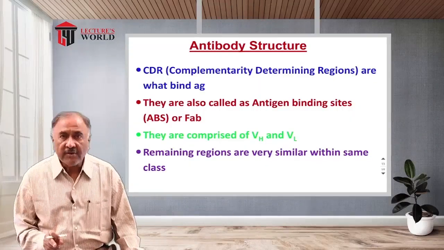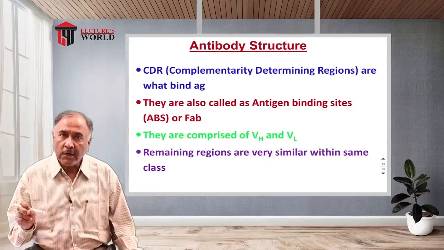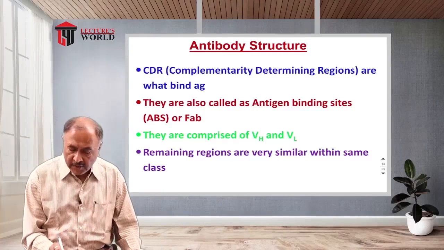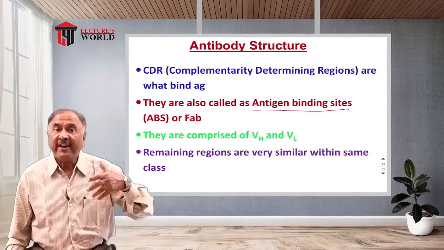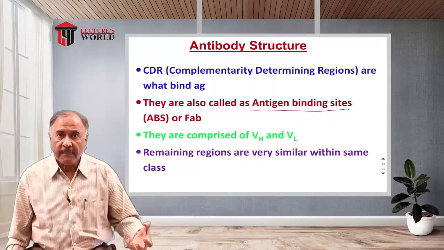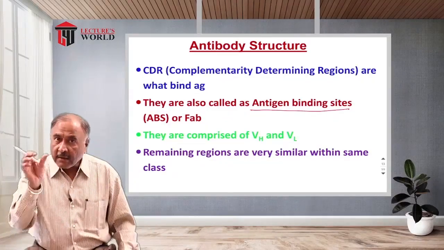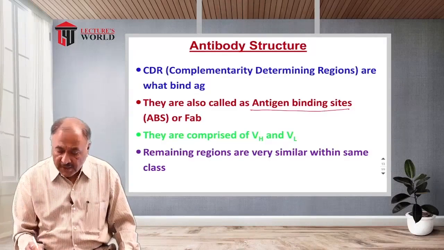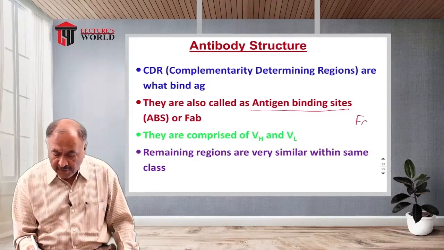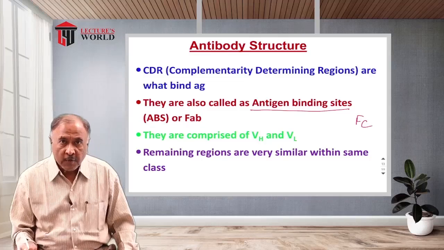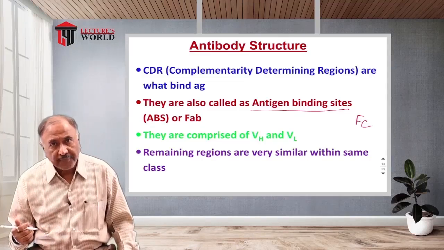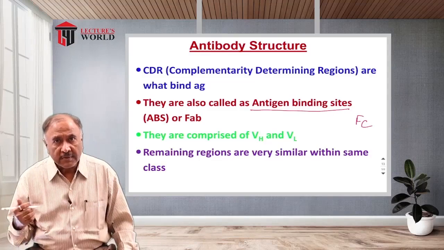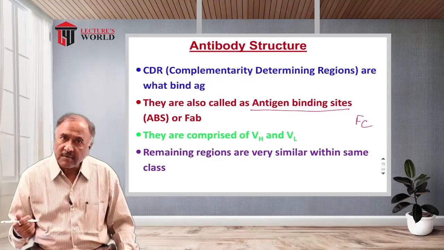And these CDR regions are also known as antigen binding sites, ABS, or fragment AB, like the other one which we will call the fragment FC, fragment constant, constant 1, constant 2, constant 3, heavy constant 1, heavy constant 2, heavy constant 3.